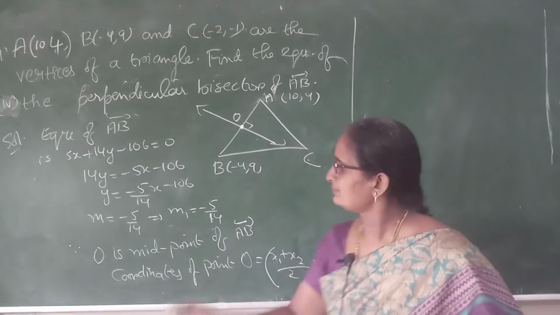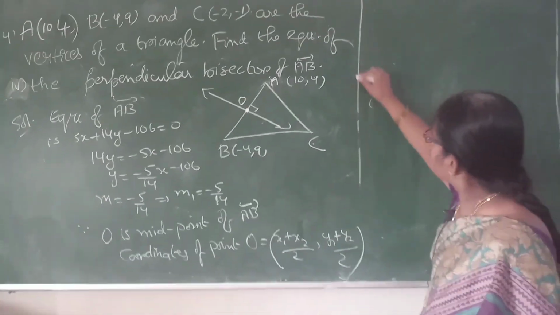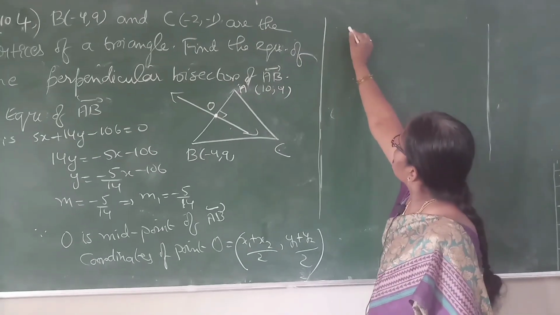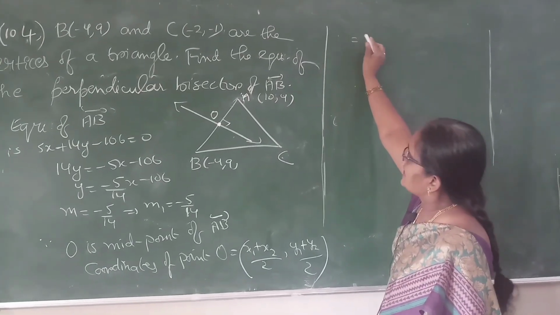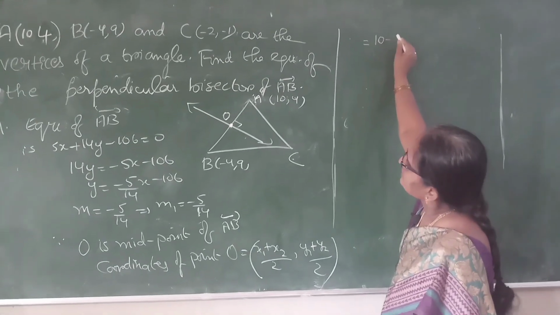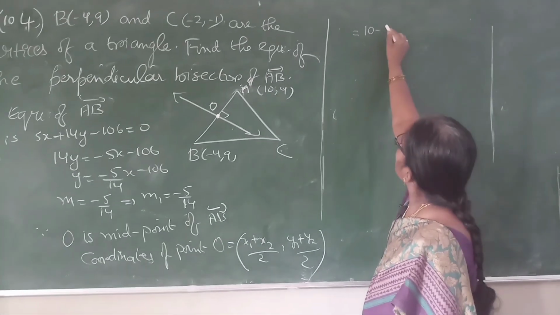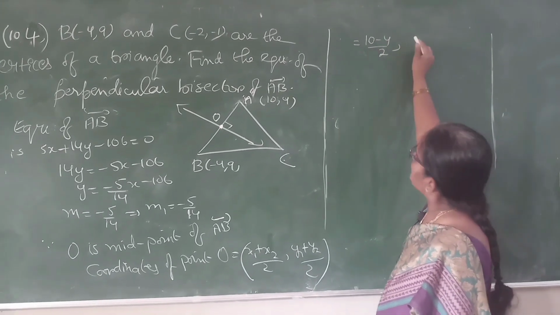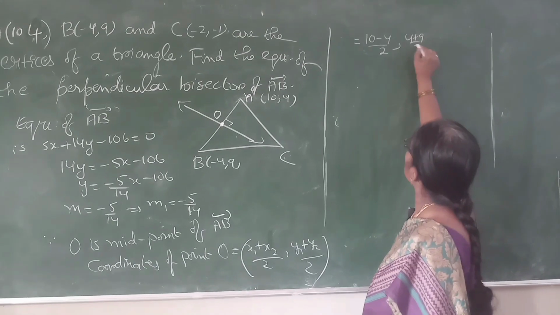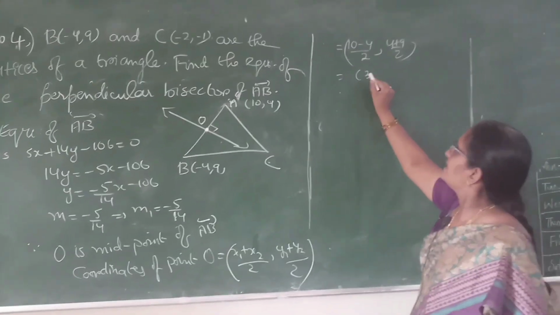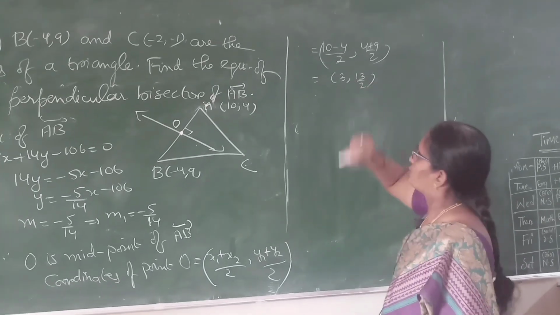So, now see here, what you are getting here 10. So, equal to x1 plus x2 means 10 minus 4 by 2 comma what is the next one? 4 plus 9 by 2. So, this is nothing but 6 by 2, that is 3 comma 13 by 2.